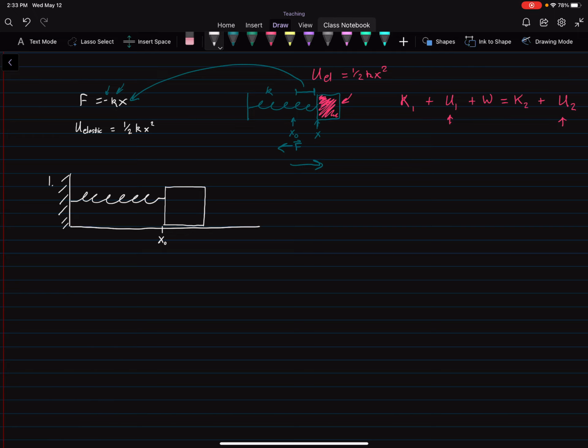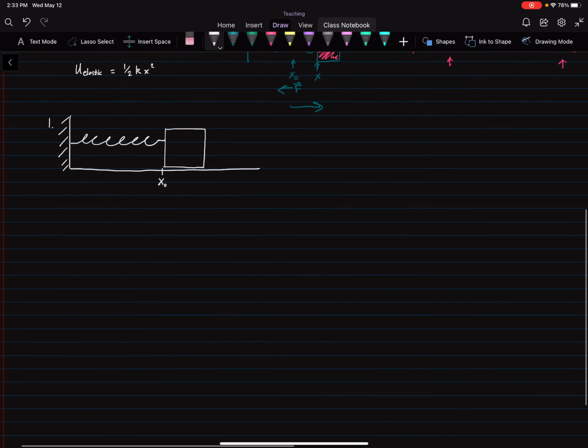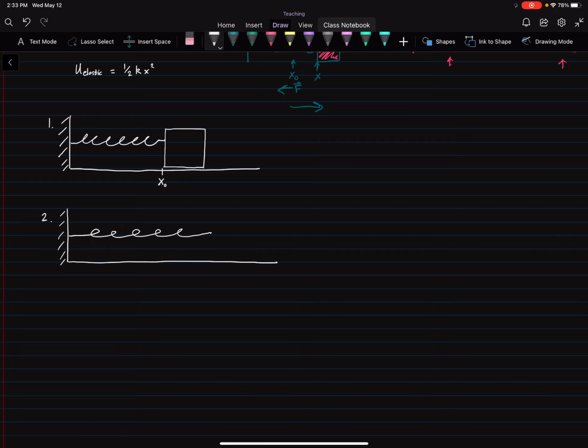Next, let's take the same spring, and somebody's going to pull back on it. Now it's really stretched this way, and the block is further back. If x naught was right about here, it has now been displaced to x.